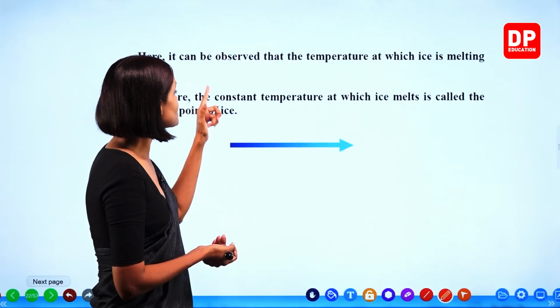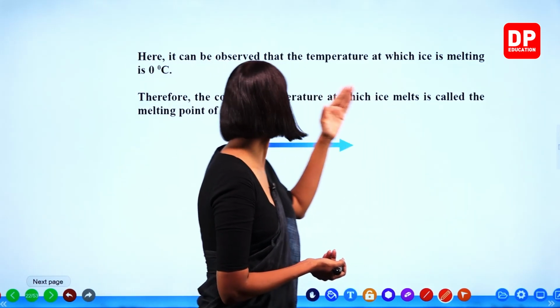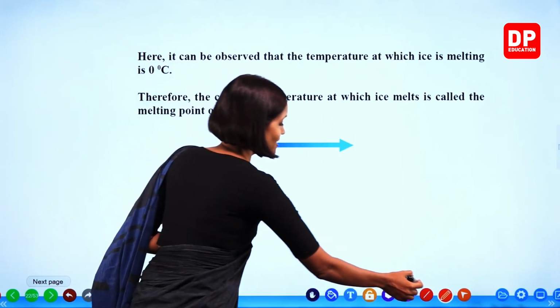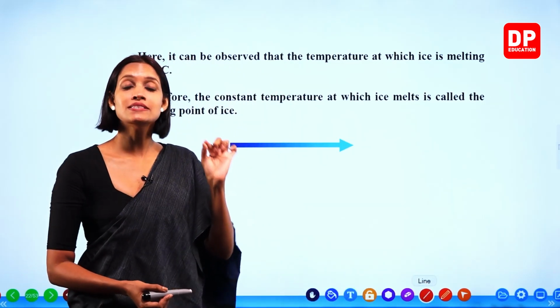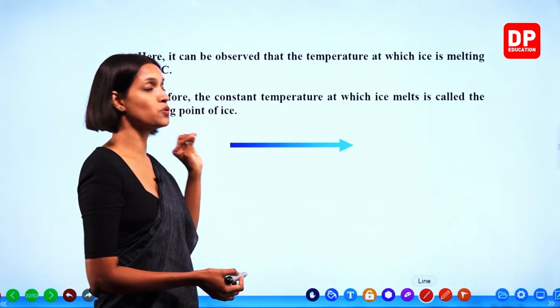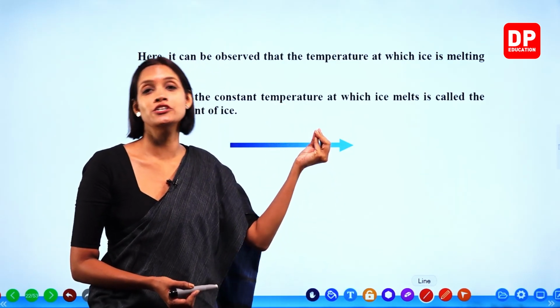Therefore, the constant temperature at which ice melts is called the melting point of ice. There is a specific or constant temperature at which ice turns into water, and this temperature is known as the melting point of ice.